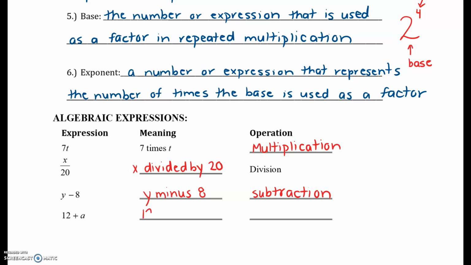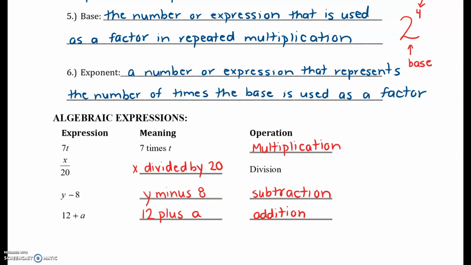We then have 12 plus, and you actually want to write the word here, so 12 plus a, which indicates that we are going to be using addition. So pretty straightforward with this first page of notes. We're going to be talking about expressions, and we really need to understand the meaning of each one of these.